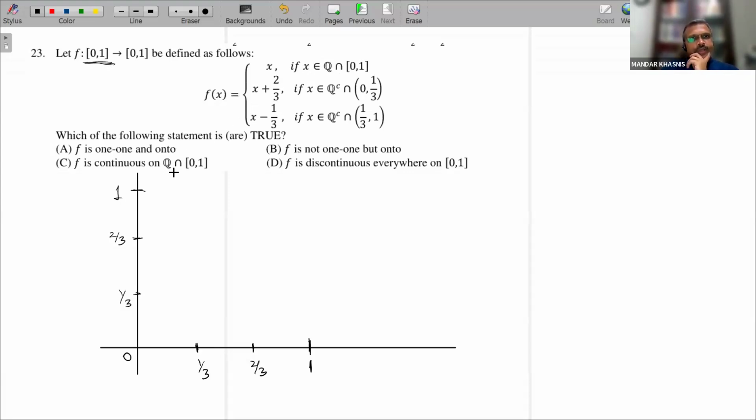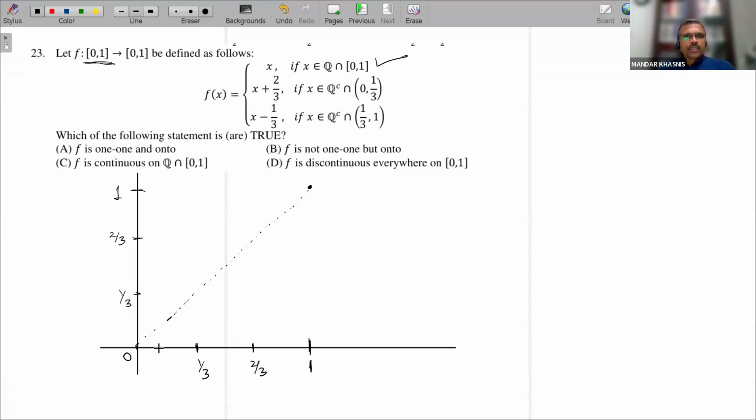So on rationals, I'll just plot the point. It is f(x) equal to x, kind of this dotted line. These are images of all rational numbers between 0 and 1. Another is x plus 2/3 when we are between 0 and 1/3.